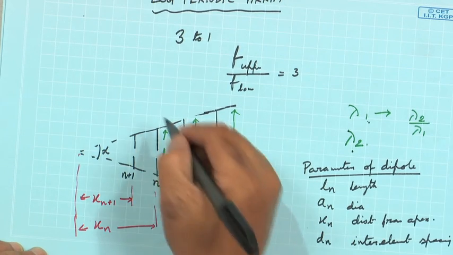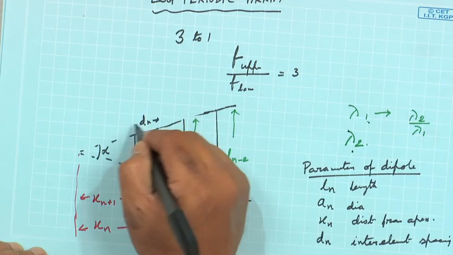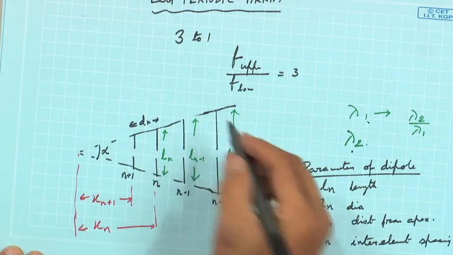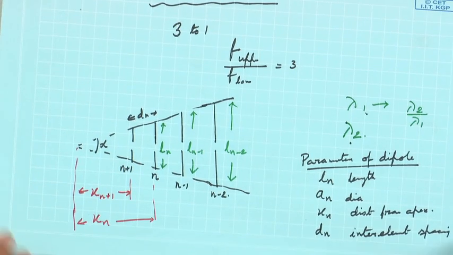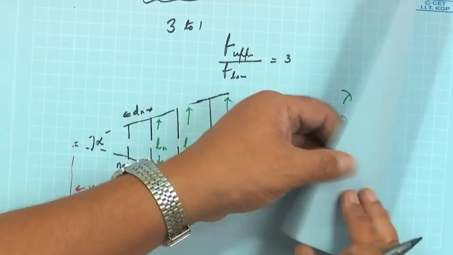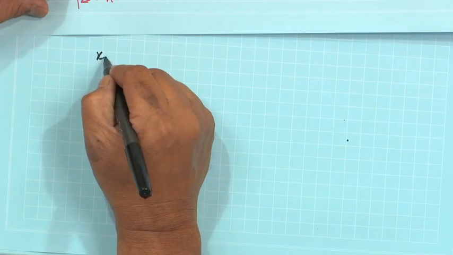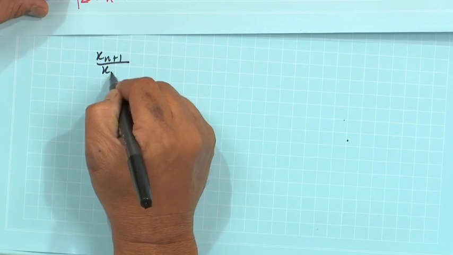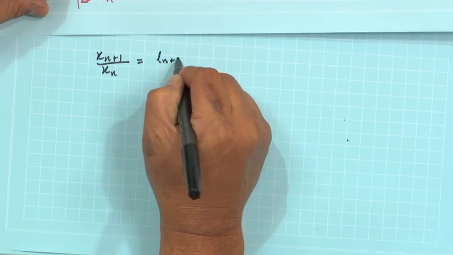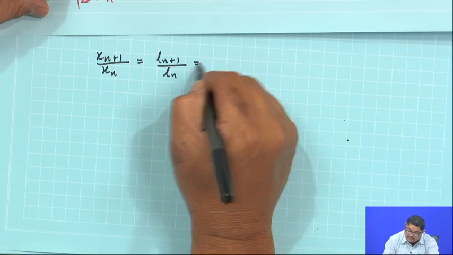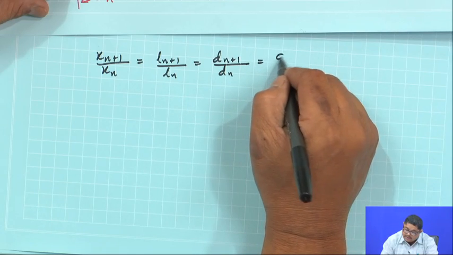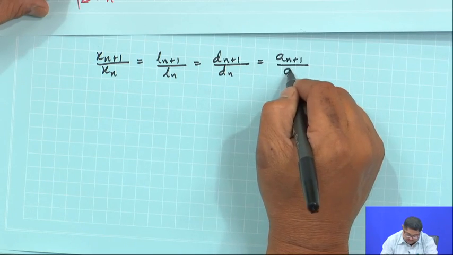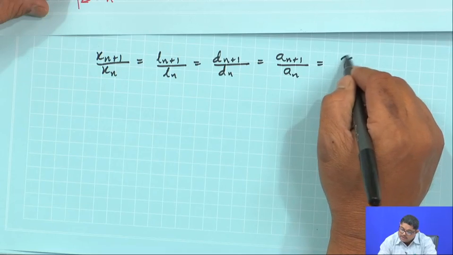So, this is dn, this is dn minus 1, etc. Now, if we relate them, x n plus 1 by x n is equal to L n plus 1 by L n, is equal to d n plus 1 by d n, is equal to a n plus 1 by a n, is equal to a parameter tau.